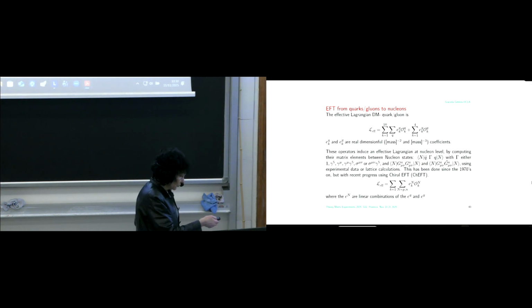And in them, while the approach that I had before had only nucleons in them, here in this approach, you incorporate also pions, and maybe pions and kaons. And you use the chiral symmetry properties.